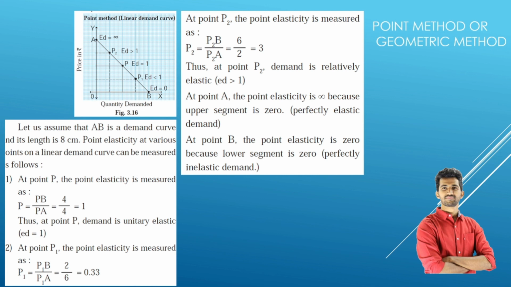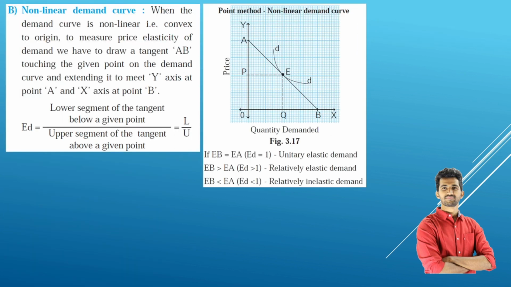But what if the demand curve is nonlinear? Yes, when the demand curve is nonlinear, that is convex to origin, to measure price elasticity of demand, we have to draw a tangent, that is AB, touching the given point on the demand curve and extending it to meet y-axis at point A and x-axis at point B.